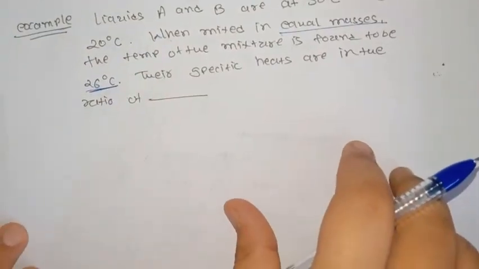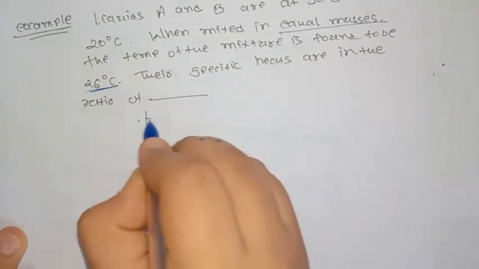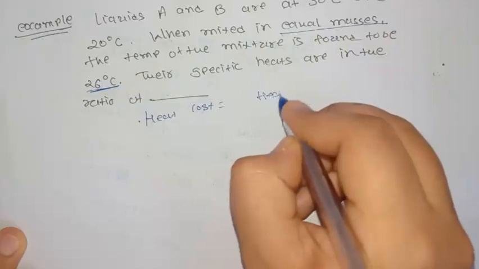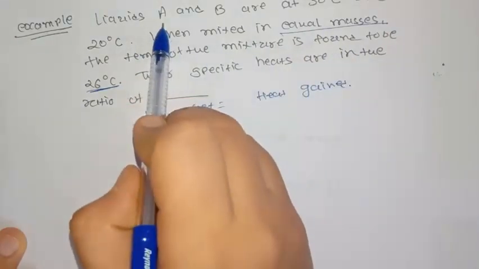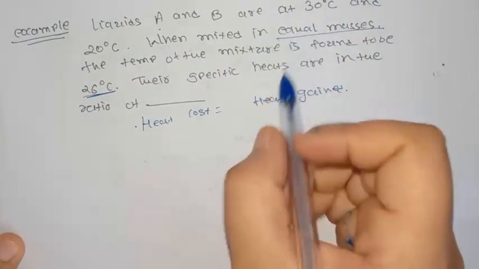We can use the principle of calorimetry, that is heat lost is equal to heat gained. Here liquid A is the hot body, so it will lose some heat.